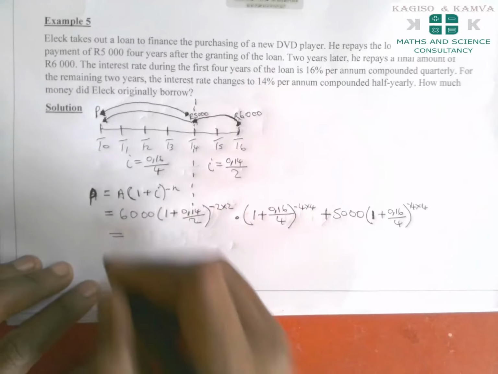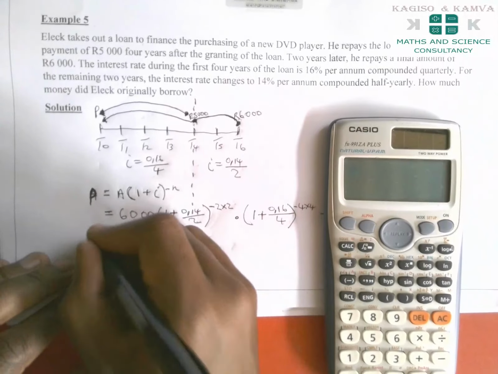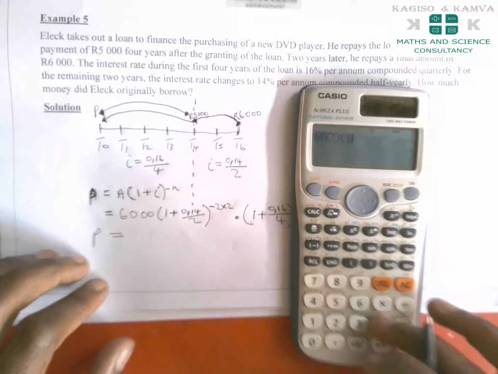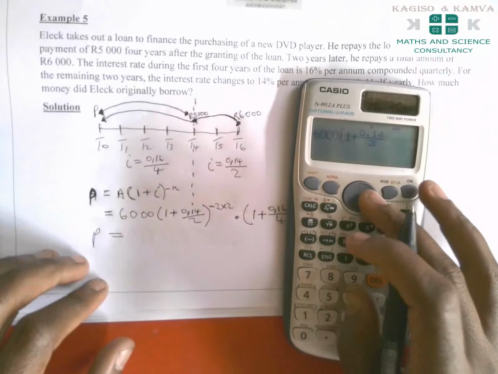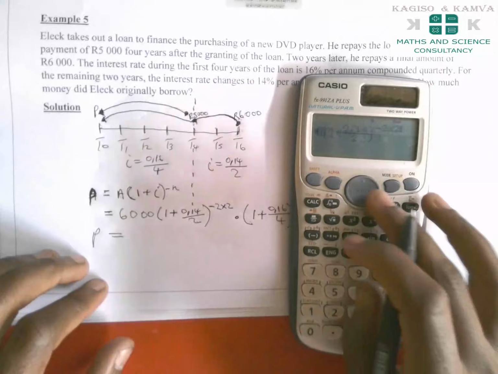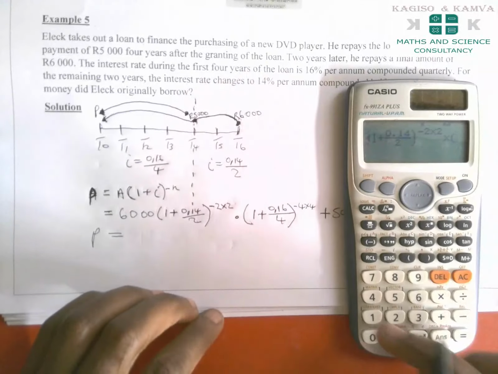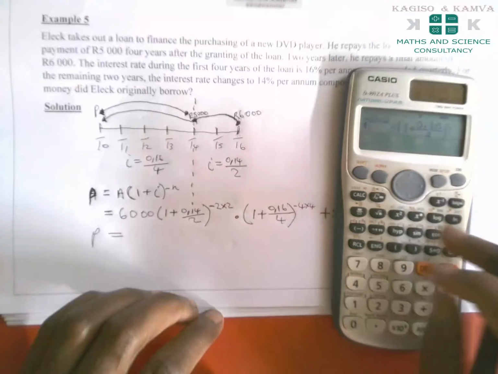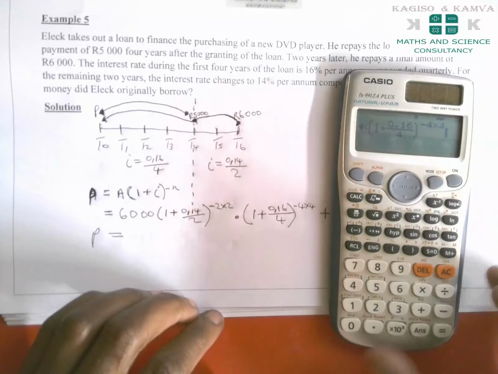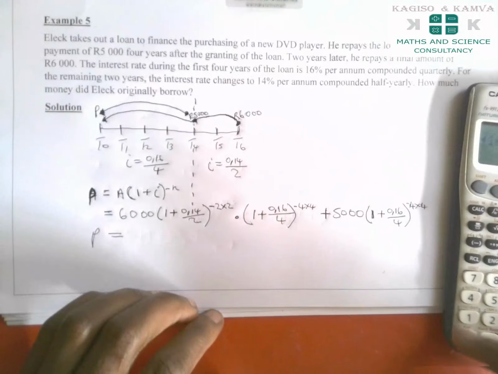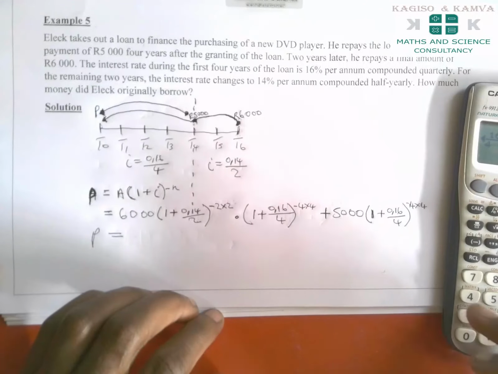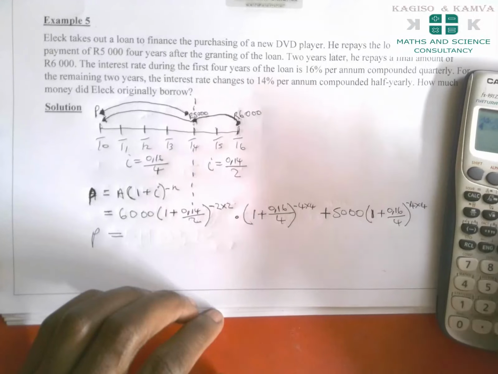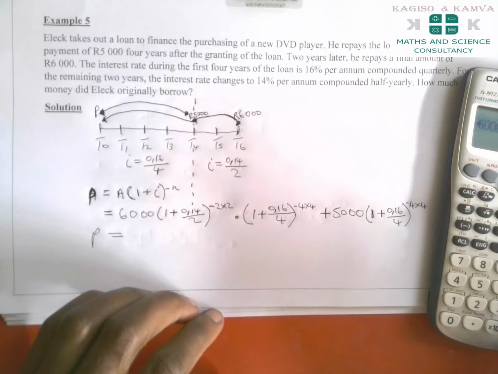So the present value is equal to 6,000 into 1 plus 0.14 divided by 2 to the exponent negative 2 times 2, multiplied by 1 plus 0.16 divided by 4 to the exponent negative 4 times 4, plus the 5,000 that was added, into 1 plus 0.16 divided by 4 to the exponent negative 4 times 4.